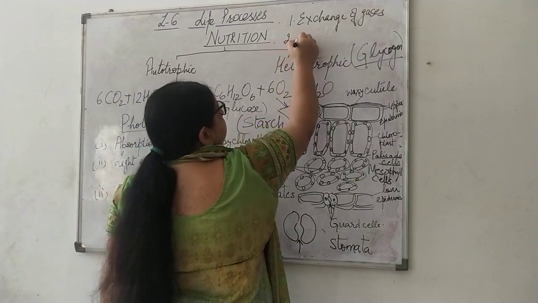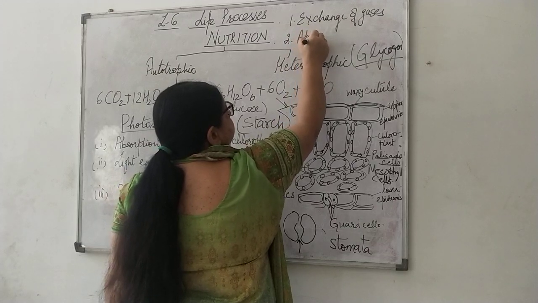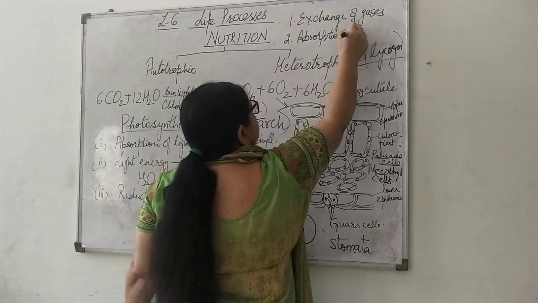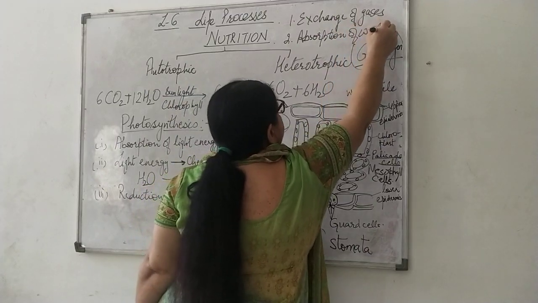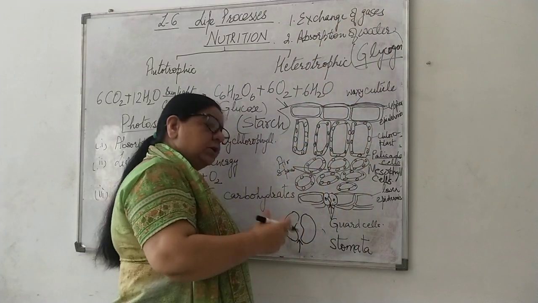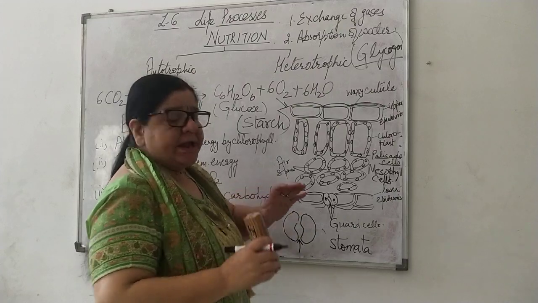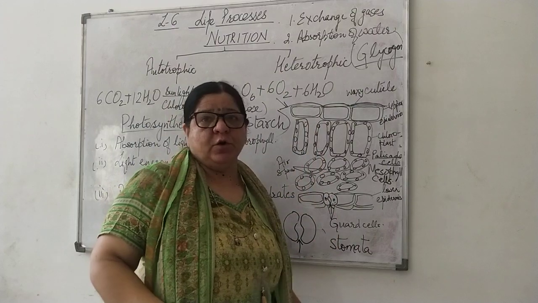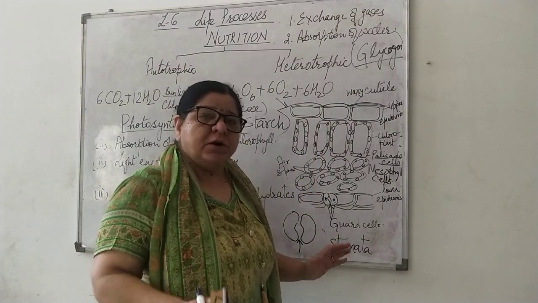Second is absorption of water. It takes in water, and this water helps in the closing and opening. After the process of photosynthesis, the water vapors will also be released out, and what will happen?